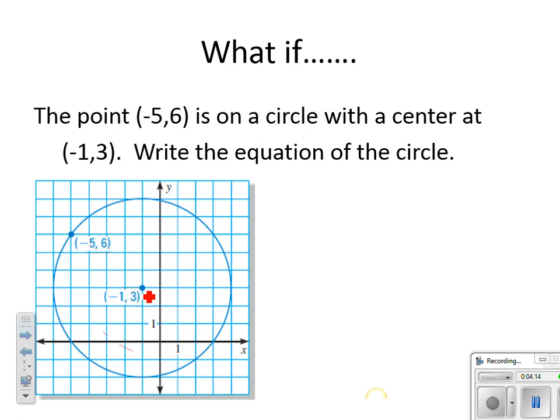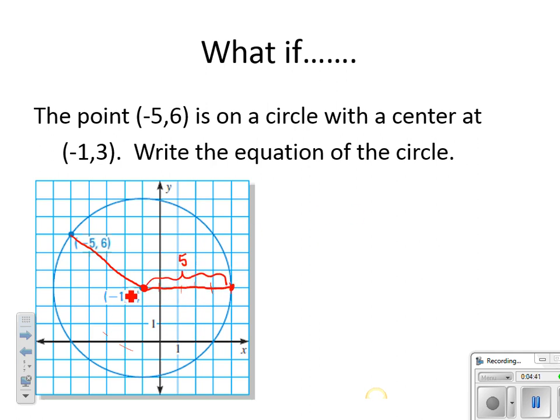So could I find the radius? Well, the radius is from the center to a point on the circle. So that's my radius. Well, isn't this my radius? A point from the center to a point on the circle. So I could just count that. 1, 2, 3, 4, 5. My radius would be 5.